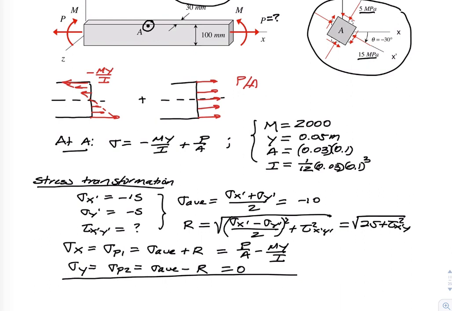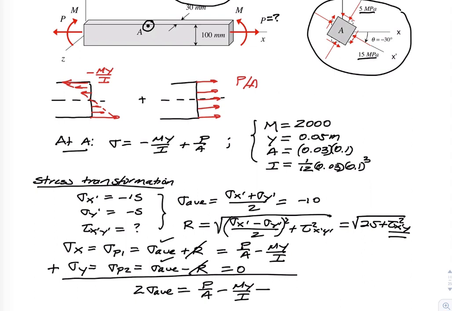We know sigma average. We don't know R. R involves this. So what if we add these two equations together? We would get that sigma average times 2, since the R minus R will cancel out, is equal to P over A minus My over I.